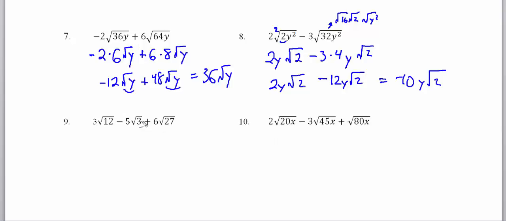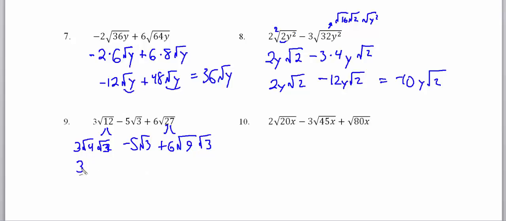Okay, so we're down to our last two problems here. These last two problems we're going to deal with breaking these down. These two will break down into 3 times the square root of 4 times the square root of 3, minus 5 square roots of 3, which can't be further broken down, plus 6 times the square root of 9 times the square root of 3.